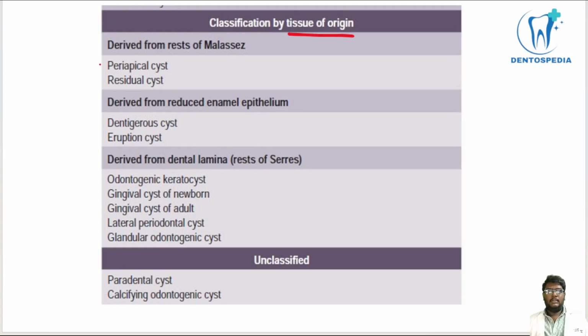There are certain cysts like periapical cyst and residual cyst taking origin from the rests of Malassez, and these cysts are taking origin from the reduced enamel epithelium, and these cysts are taking origin from the dental lamina and its remnants. Okay, and there are a few cysts named as unclassified, because of their controversial origin.